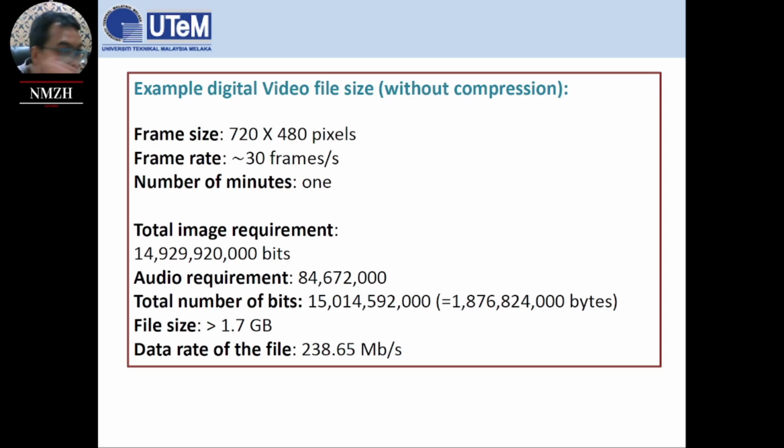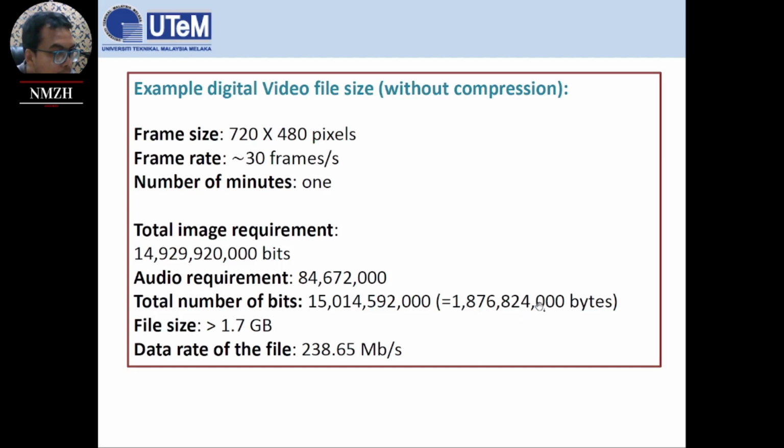So that is the images required in bits. Remember, video is a combination of images and sound. Sound is 84 million. So this will be combined together. We get this 15 billion. So in order to get bytes, we divide this by 8. So we have this many bytes, right?